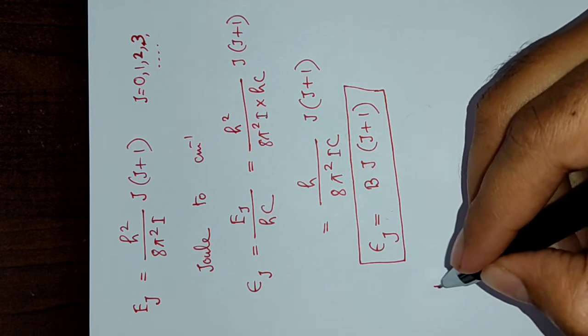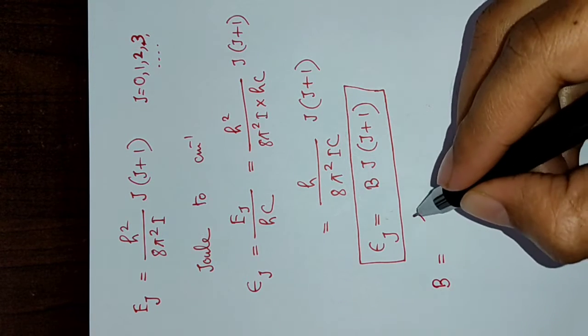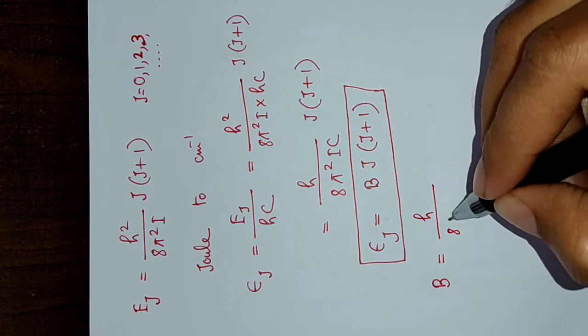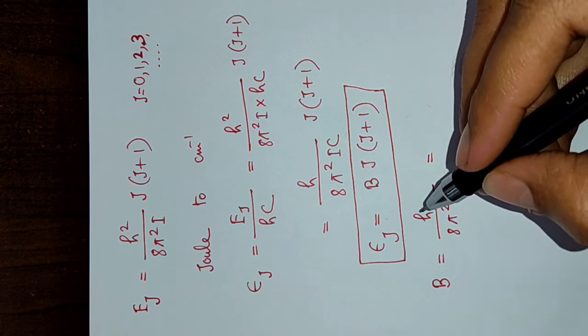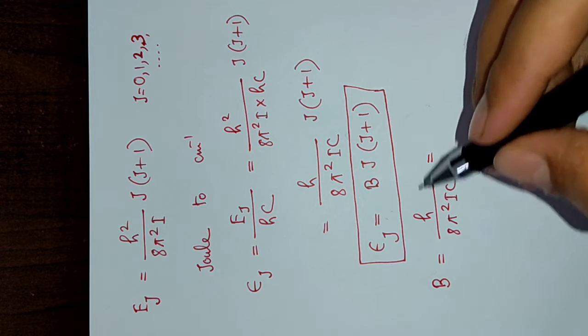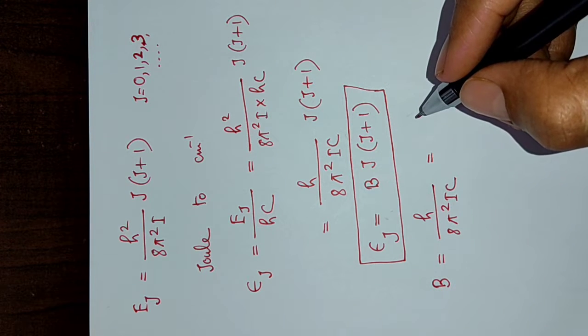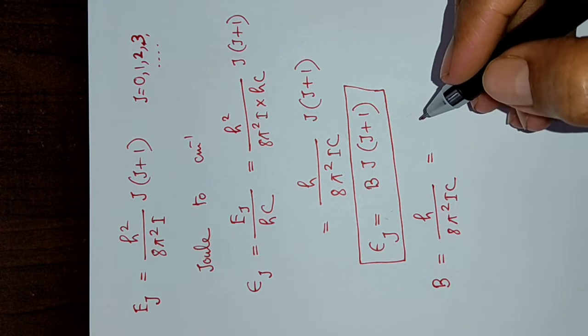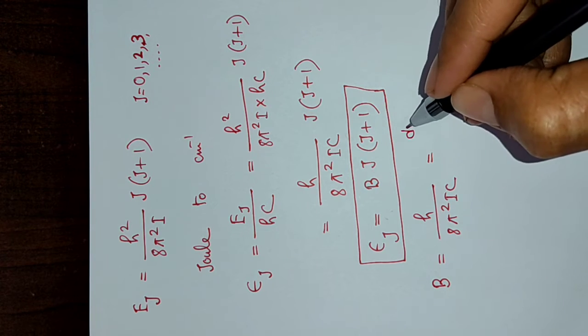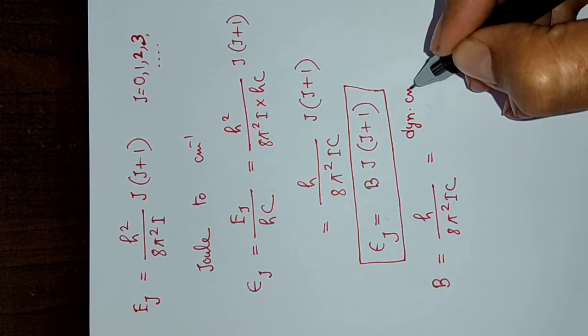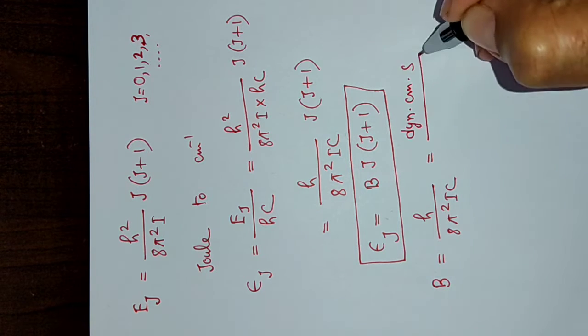So let us check this. B equals h upon 8 pi square Ic. So h is erg second. Now what is erg? It is dyne centimeter. So it will be dyne centimeter second.